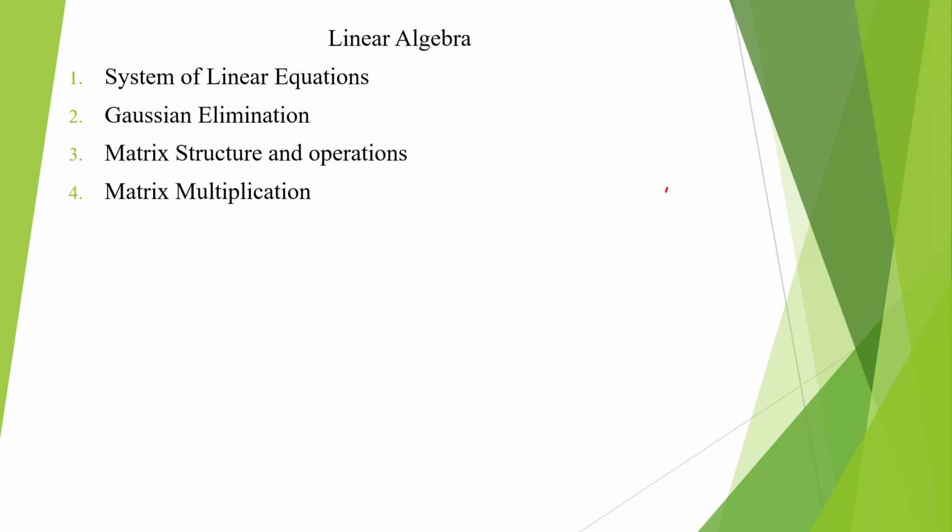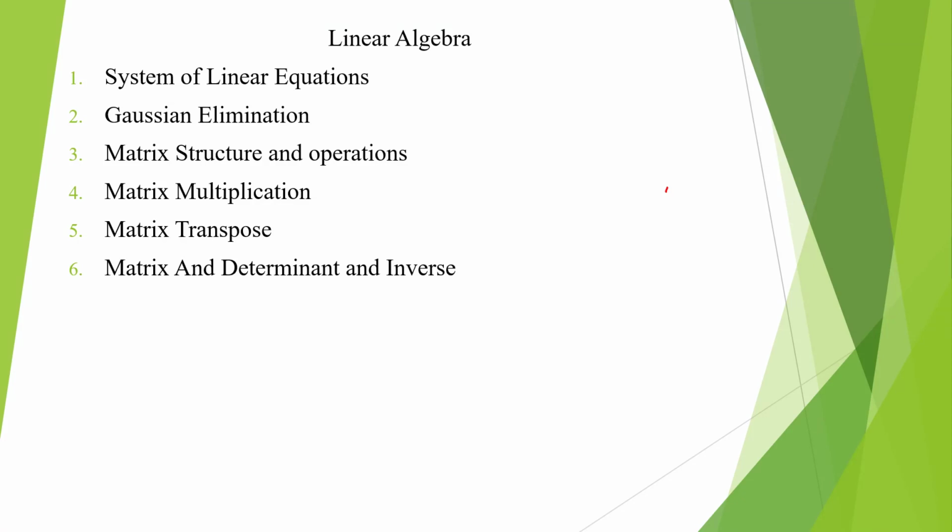And point 4, we will talk about matrix multiplication. How can we multiply a matrix by a matrix, or a matrix with a scalar? What does a scalar mean here? And point 5, we talk about matrix transposes. What does matrix transpose mean?